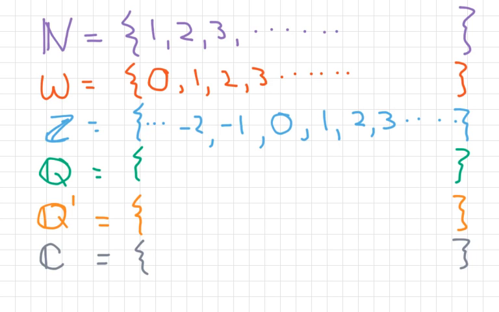Your rationals are the Q, probably because of quotient, starts with Q. And that's our numbers that can be expressed in fraction form. So for example, 1/2, 3/4.